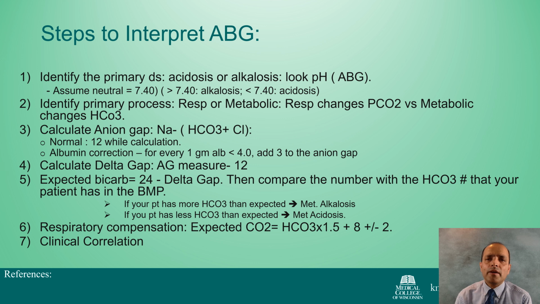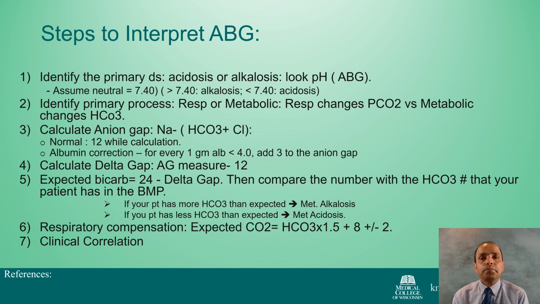So with that degree of acidosis, with that degree of delta in the system, the expected bicarbonate is going to be low. So how low? Normal bicarbonate is 24. 24 minus delta is going to give you the expected bicarbonate for that degree of acidosis.